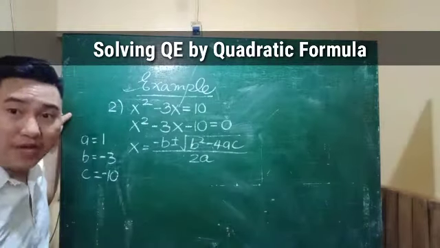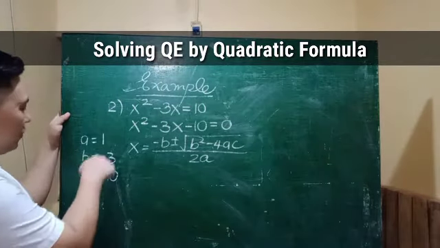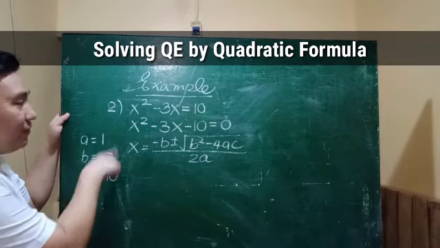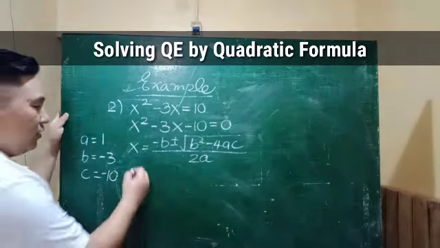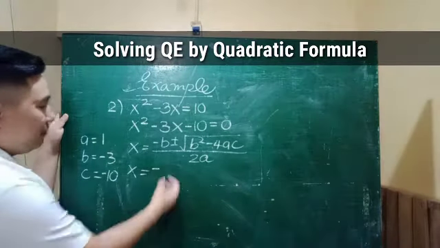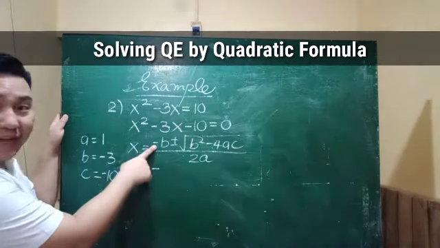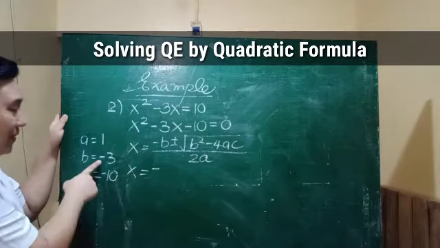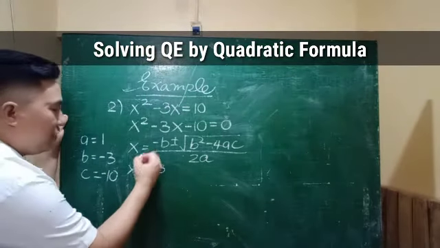So, dapat memorize ang quadratic formula. So, next, kung ano yung values na nakuha natin sa ating given, i-substitute lang natin sa ating quadratic formula. So, magiging x equals negative. Our B is negative 3. Since ang formula ay negative, at negative ang B natin, magiging positive 3 na.